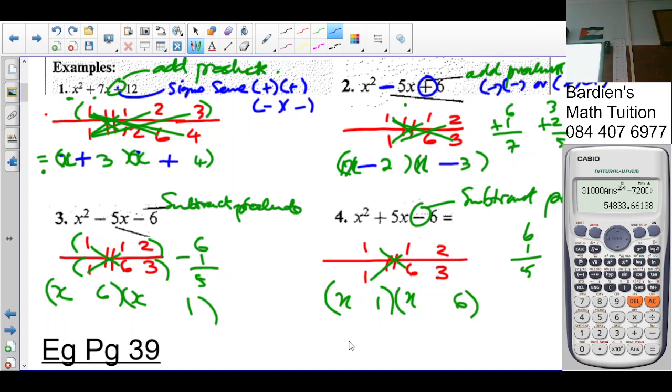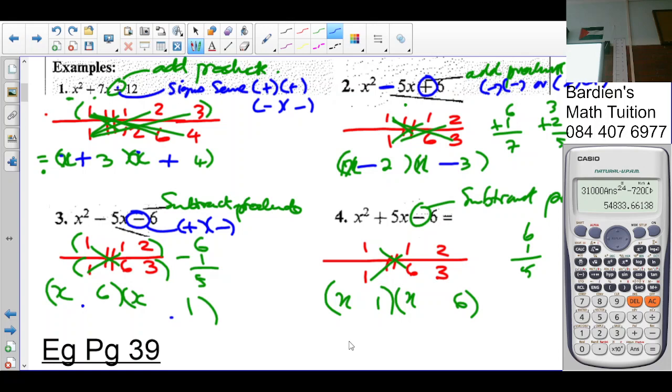Let's look at this one here, the third one. What can we see here? Negative. So how do we get the negative if we multiply two numbers? Negative times a positive or? Positive times a negative. So one must be positive, one must be negative. So you can't just put anyone anywhere.